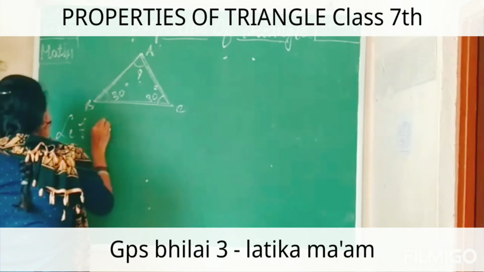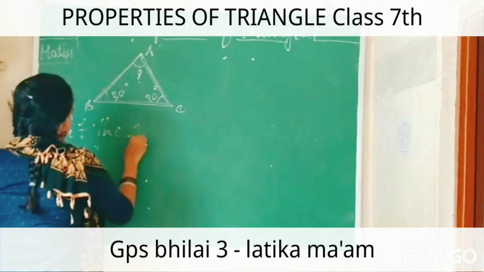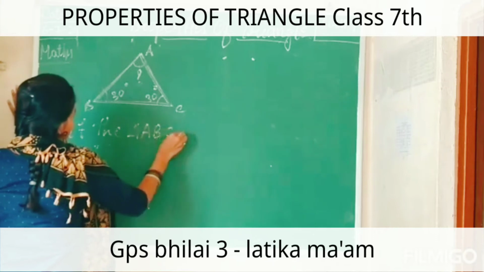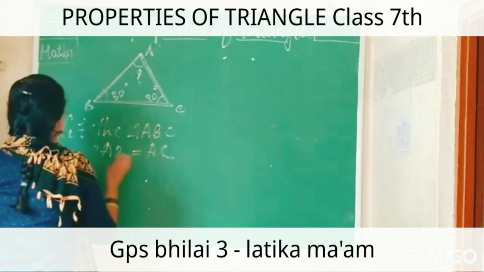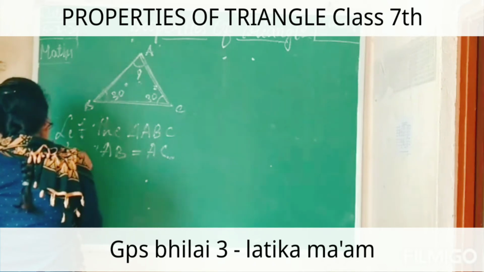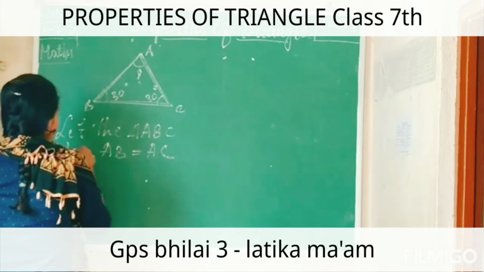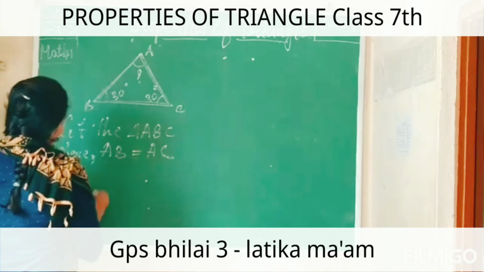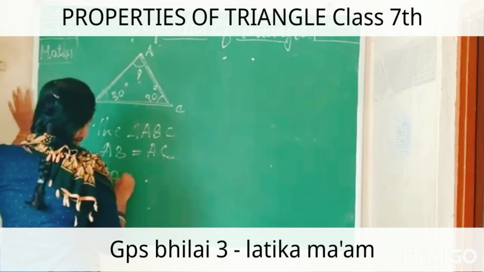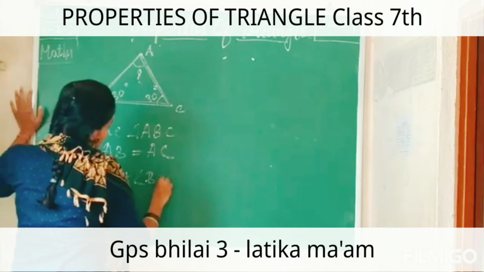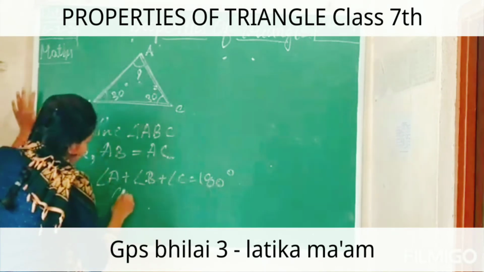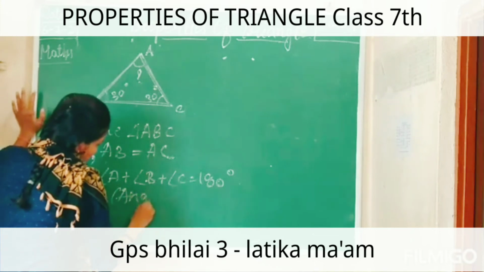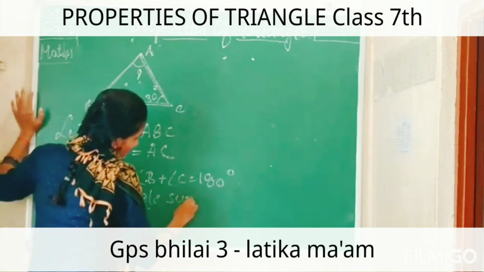Let the triangle be ABC, where AB is equal to AC. Therefore, angle A plus angle B plus angle C is equal to 180 degrees. Angle sum property.